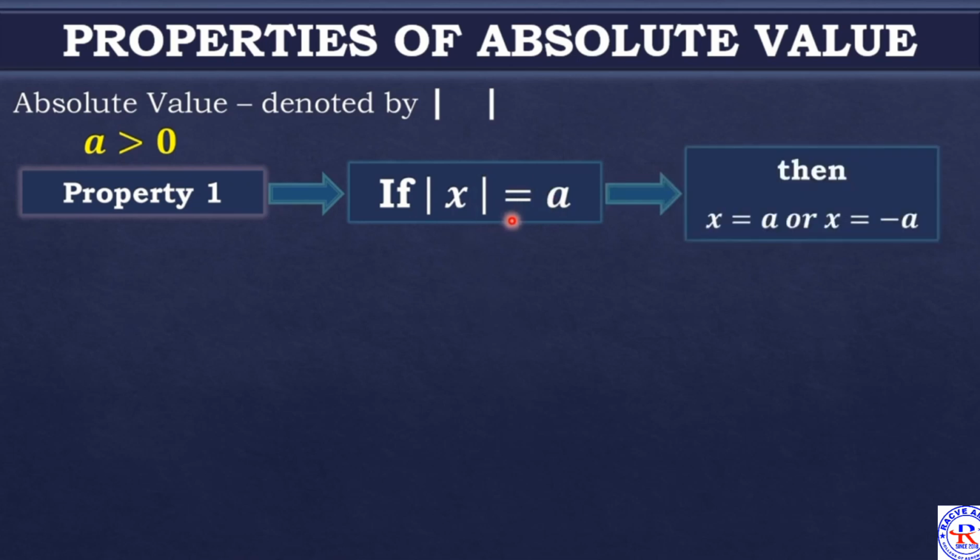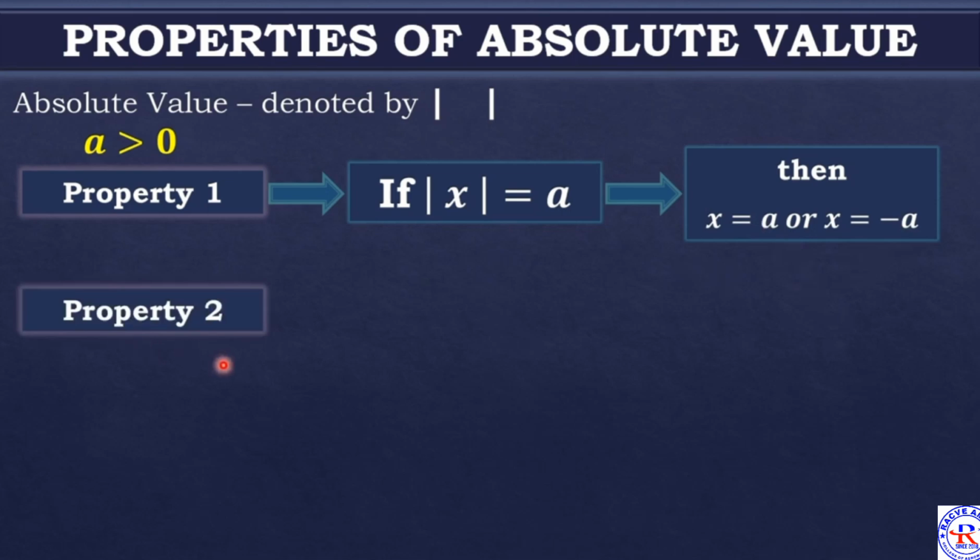Then, x is equal to a or x is equal to negative a. So kapag nakita nyo po na absolute value is equal po siya sa a, ang solution po natin, x is equal to a or x is equal to negative a. Okay, dalawa po yan.